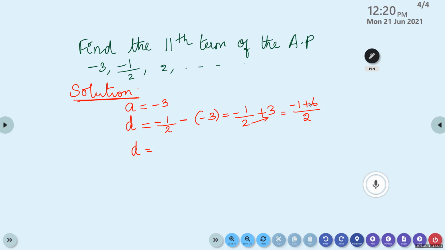It is 5 by 2. Whenever we get a fraction, we take the LCM. Here the denominator is 2. So minus 1 plus 6 by 2 is positive 5 by 2. Is it okay?